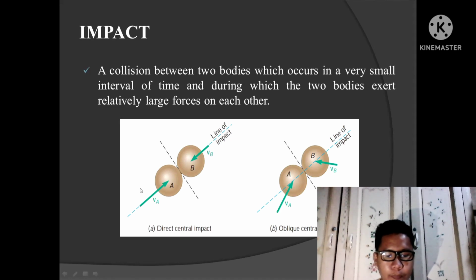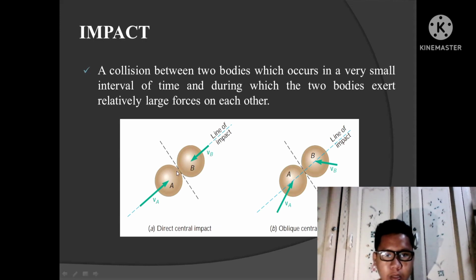For example, a bat is striking a ball. As we can see in this figure, the velocities of the two particles are directed along the line of impact. We can see that the direction of their velocities is along the line of impact, so they are in the same direction.